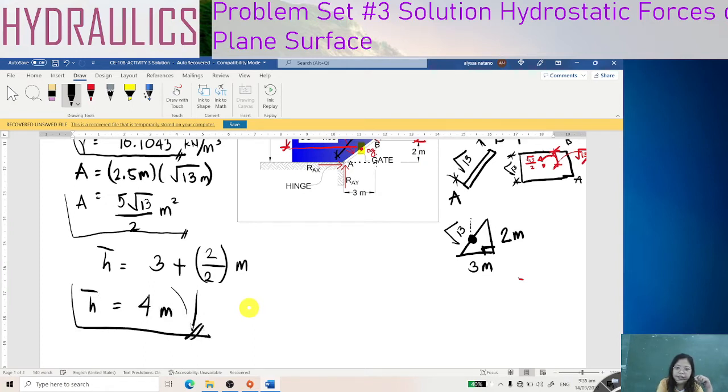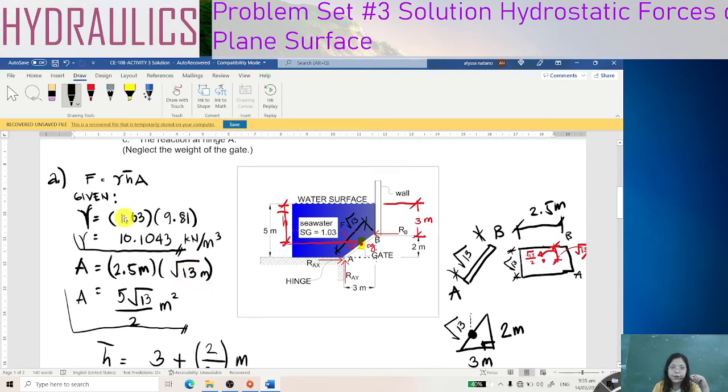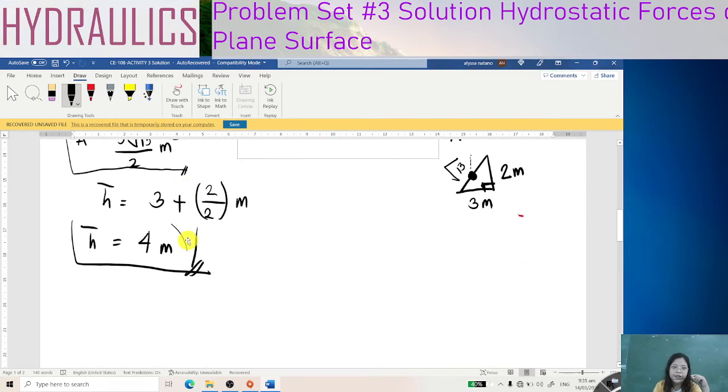So, kompleto na tayo ng component nitong F is gamma H bar A. Pwede ko na siyang i-substitute sa value ng ating nakuha kanina.